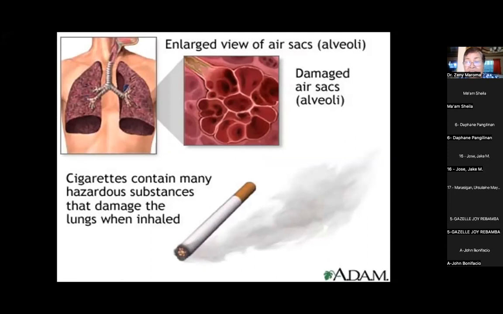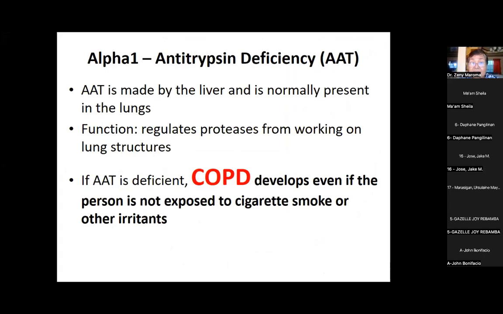So there are several substances in the cigarette, which when inhaled are hazardous to the lung structures and damage the lung. E punta naman tayo dito sa alpha-1 antitrypsin, AAT. Kahit hindi siya smoker, pwede siyang magkaroon nito if there's deficiency of AAT.